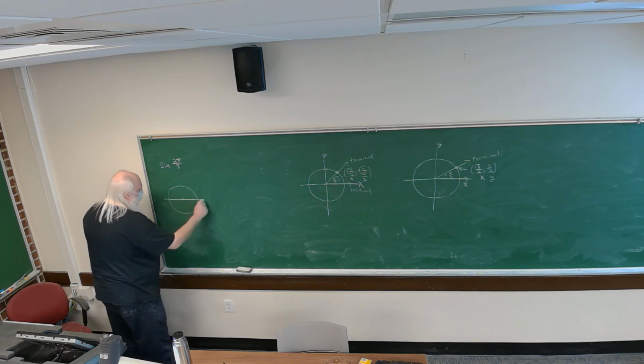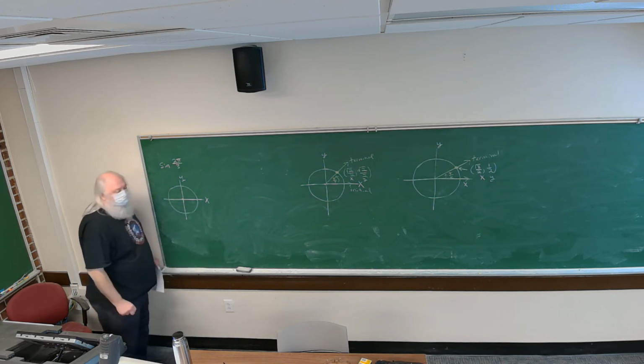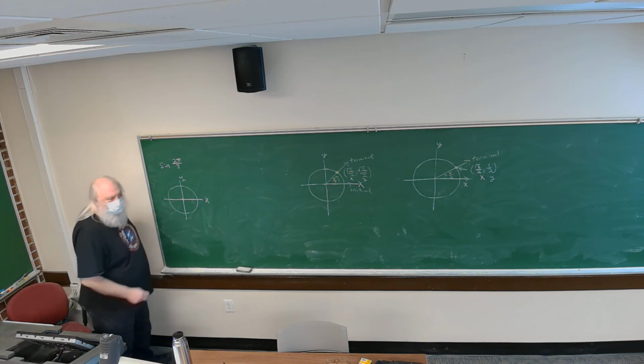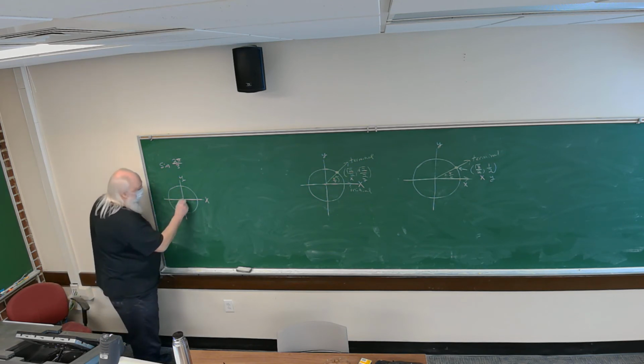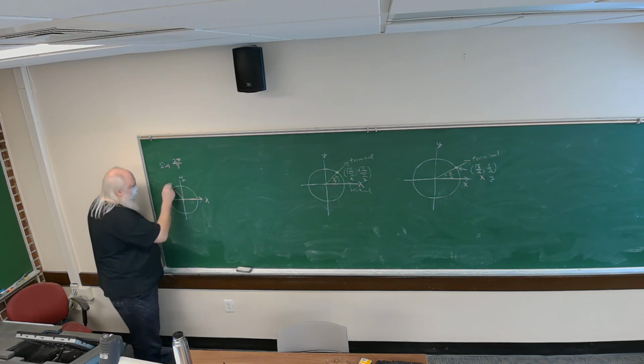Here's the unit circle, x and y. And 2 pi over 3, I think we drew this angle yesterday. It's greater than pi over 2 and less than pi. So here's the initial side, and here is the terminal side. So here's the angle 2 pi over 3.